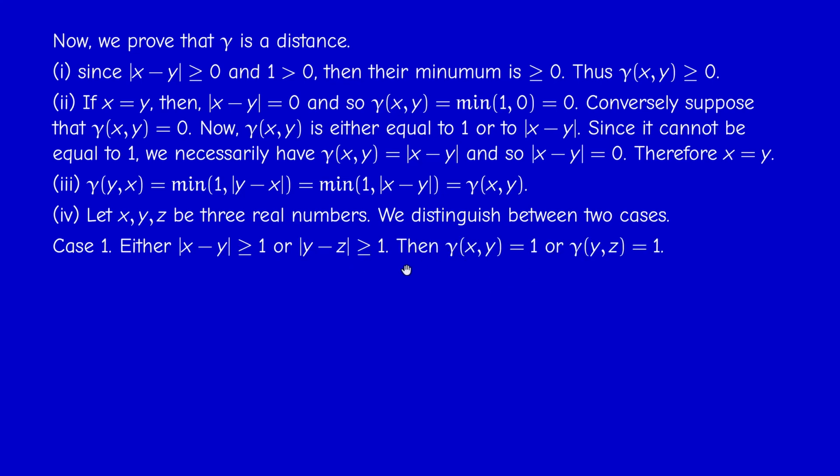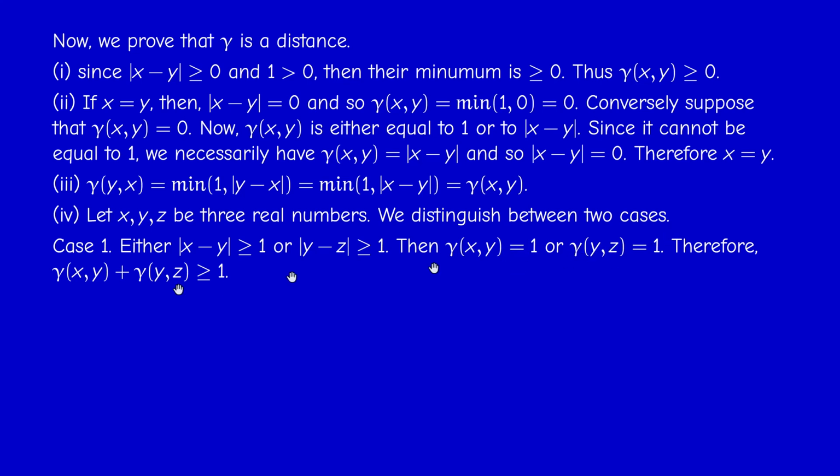I go back to the definition. If x minus y in absolute value is bigger or equal than 1, then the minimum between these 2 is 1. So gamma of xy is 1. If the second alternative happens, so if y minus z in absolute value is bigger or equal than 1, then gamma of y and z is equal to 1, okay, because the minimum is 1. And what happens? Therefore, the sum of gamma xy and gamma yz is at least 1, because if this is 1, this is non-negative.